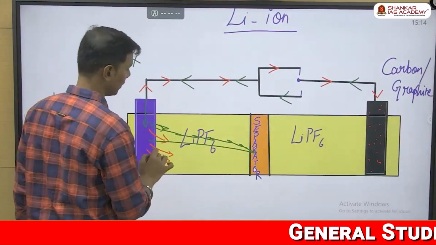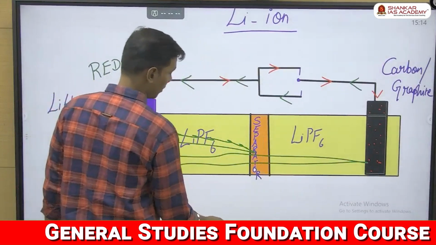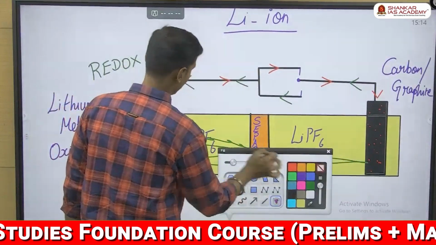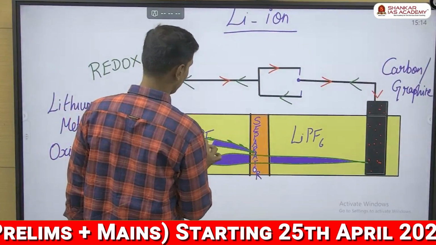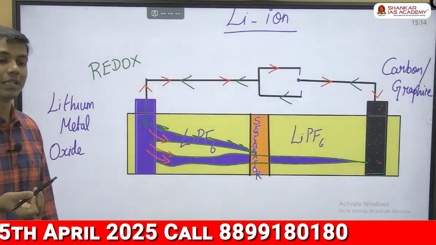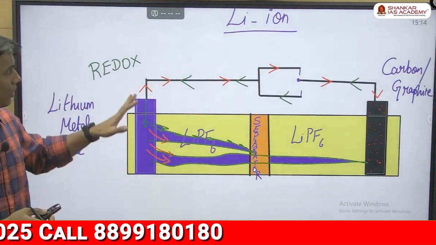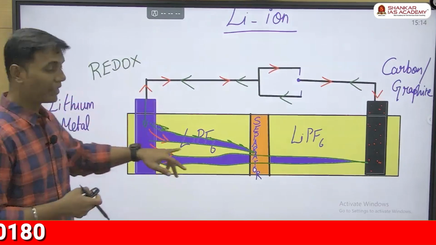After piercing the separator, this will slowly come in contact with the other side. So at some point, the metal comes in contact with the other side, leading to a short circuit. This short circuit can cause fire. The main reason why lithium ion or lithium metal oxide batteries undergo combustion is mainly because of the fringes.